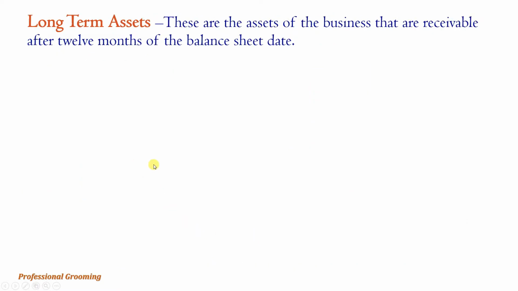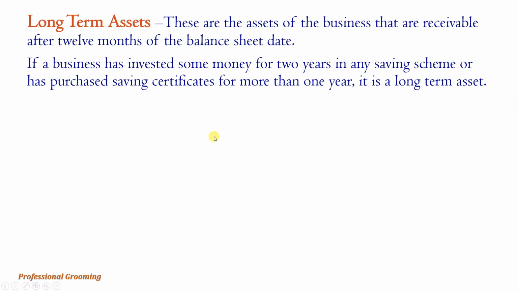Let's discuss now long-term assets. These are the assets of the business that are receivable after 12 months of the balance sheet date or of an accounting period. For example, if a business has invested some money for 2 years in any saving scheme or has purchased saving certificates for more than 1 year, it is a long-term asset.